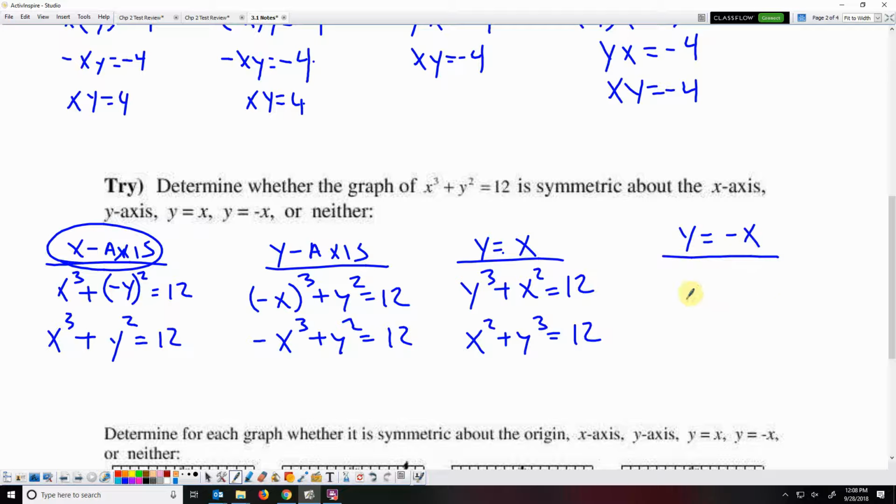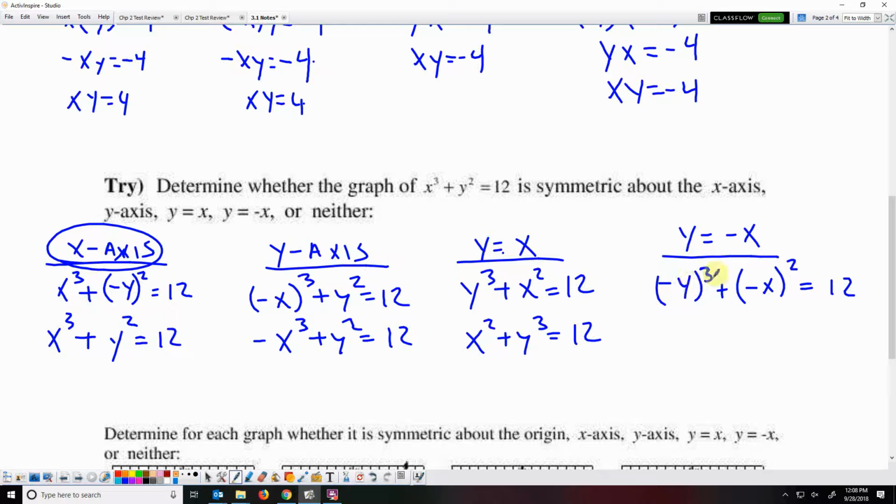And for y equals -x, I switch the variables and give them opposite signs. So that's the opposite of y cubed plus the opposite of x squared equals 12. So I've switched the variables. The powers stay right where they were, but I switched the variables and negated both of them. Now I have to see if I can make it match the original.